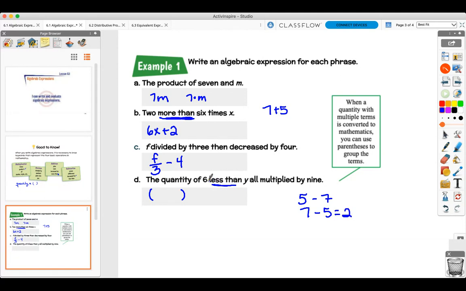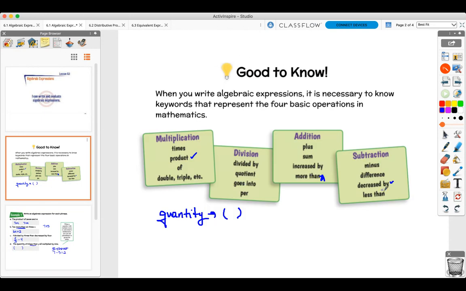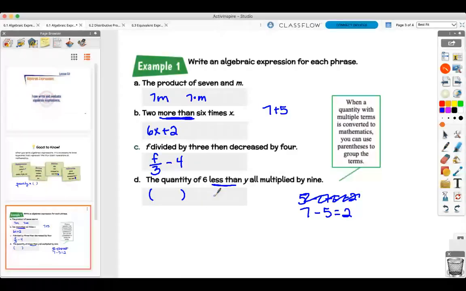So the order switches with less than. This is the one where it does matter with ordering, because 5 minus 7 is negative 2. So you cannot write it in this order. You have to make sure you switch it. So also over here, put a star next to less than, to indicate that you are switching. So that means that 6 less than y is y minus 6.